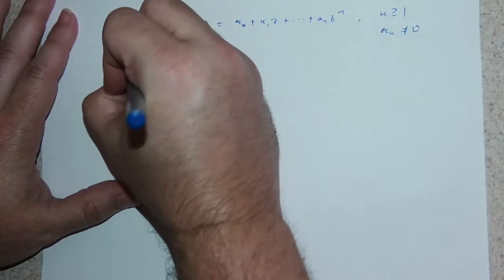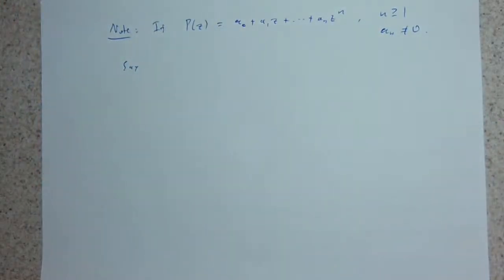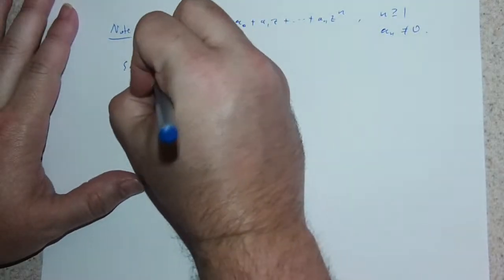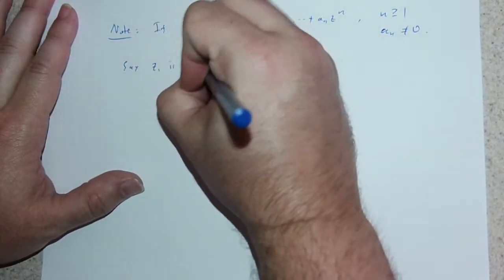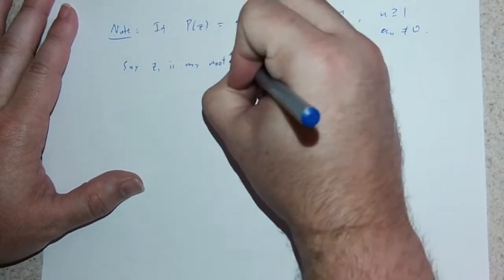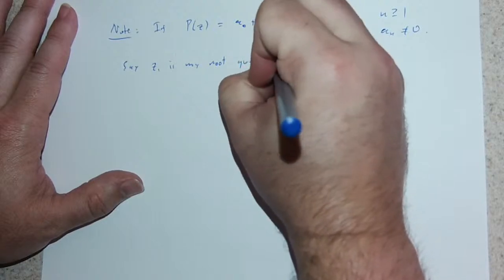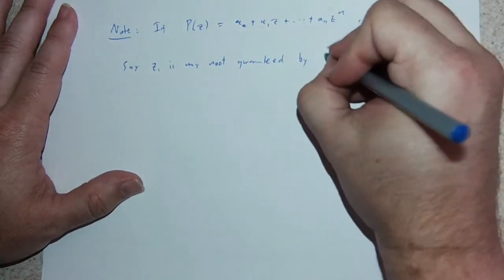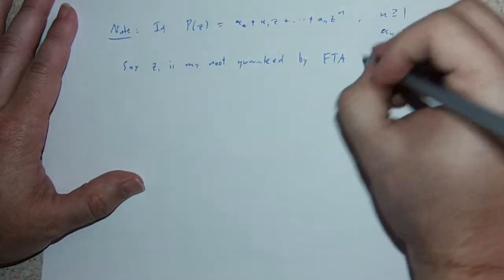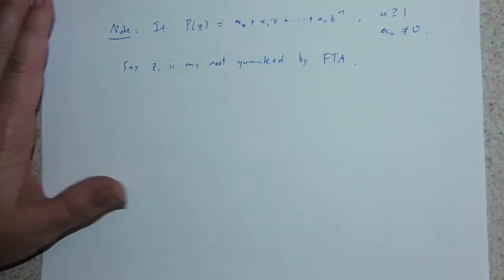Say z sub 1 is my first root, guaranteed by the fundamental theorem of algebra.